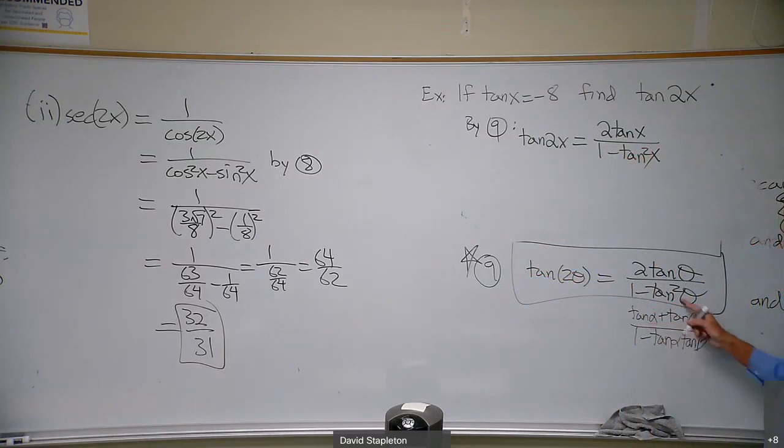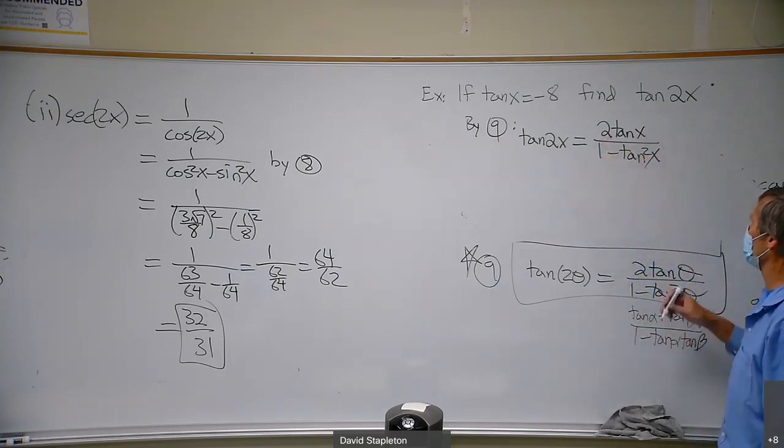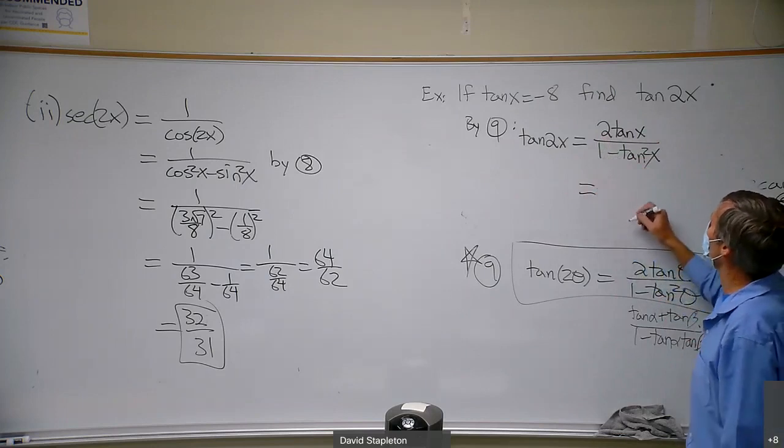I'd have tangent plus tangent, so 2 tangent over 1 minus tangent times tangent, tangent squared. So the proof is immensely helpful in memorizing this. If I know the sum and difference formula, I can figure this one out every time I forget it. So tangent of 2x is 2 tangent x over 1 minus tangent squared x. And I don't even need the quadrant for this one.